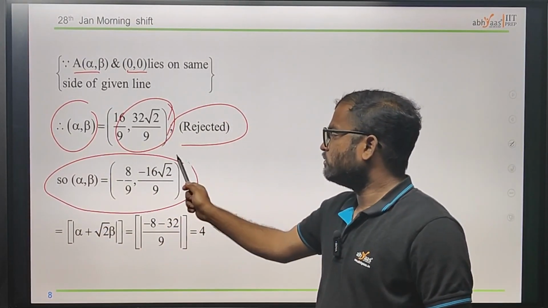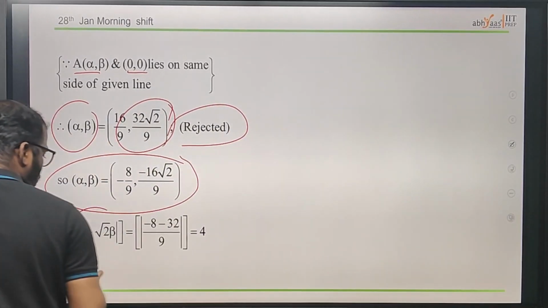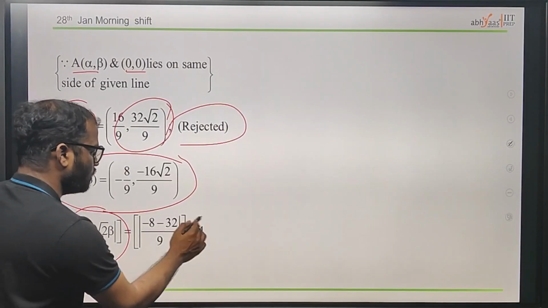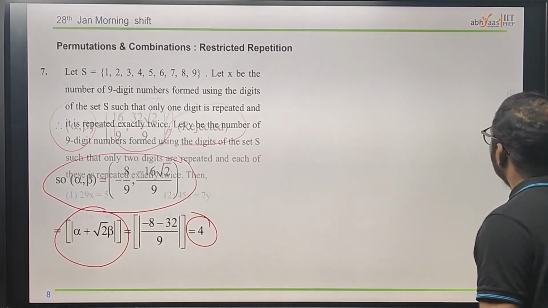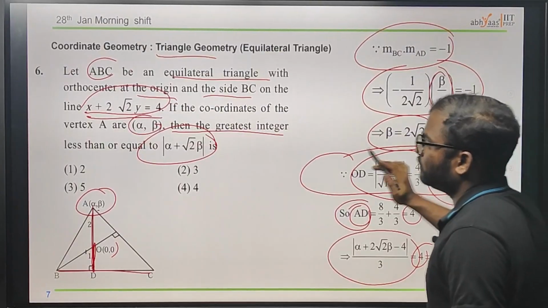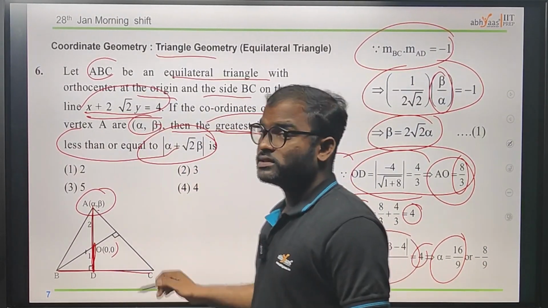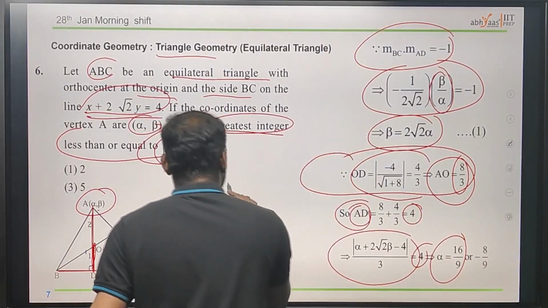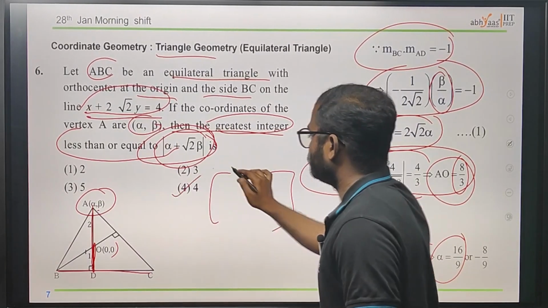After substituting those values inside the modulus, the greatest integer less than or equal to it will be 4. We just have to take the greatest integer. That will be 4, our answer.